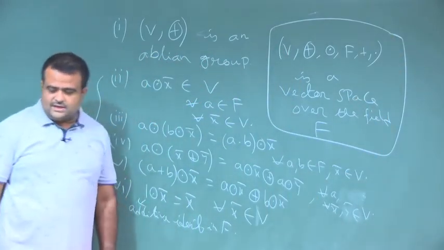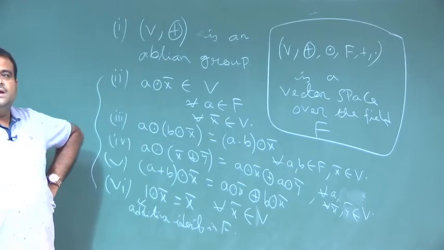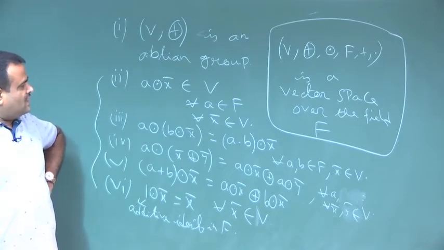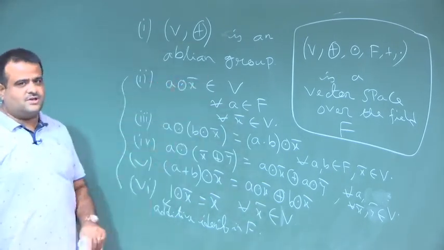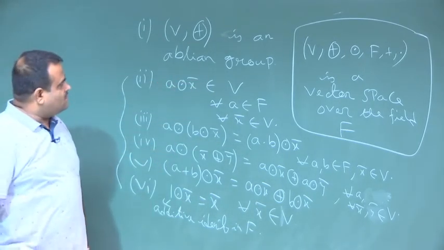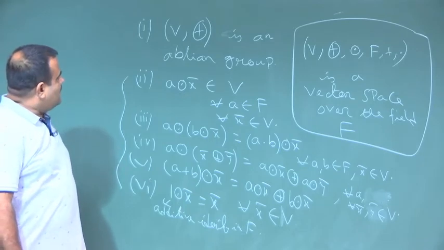If a non-empty set V along with a non-empty field F satisfies these properties, then this algebraic structure is called a vector space over the field F.